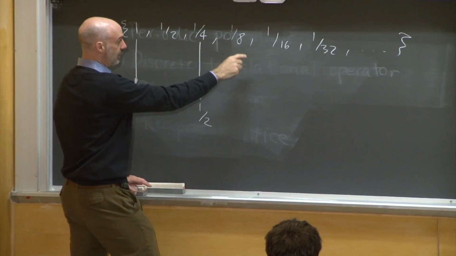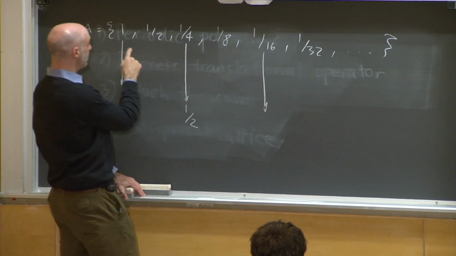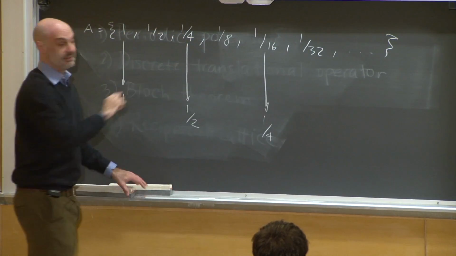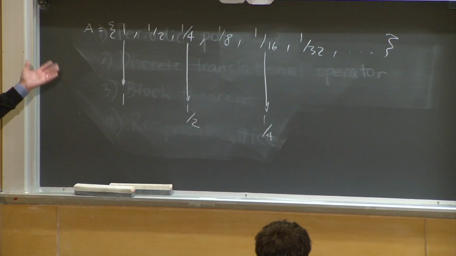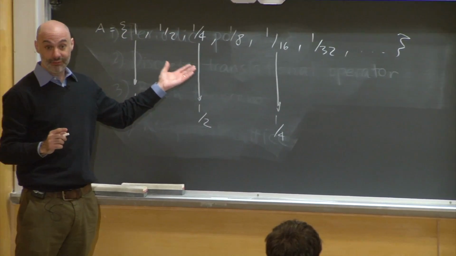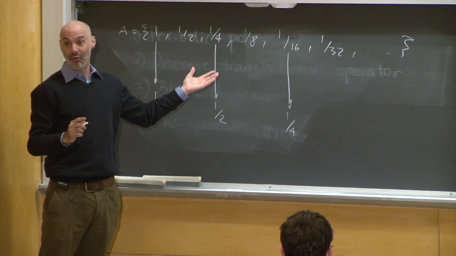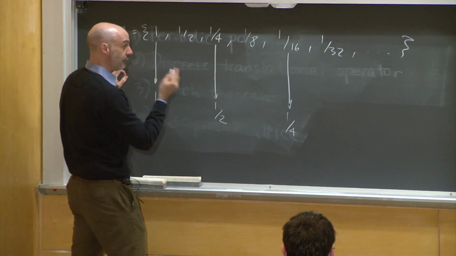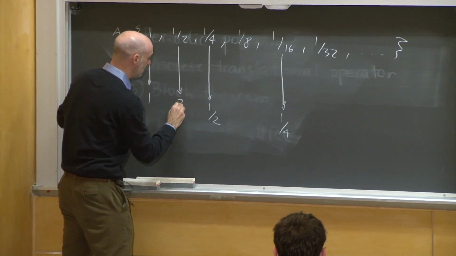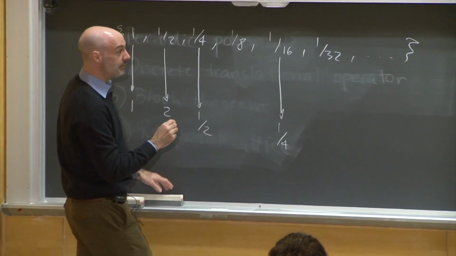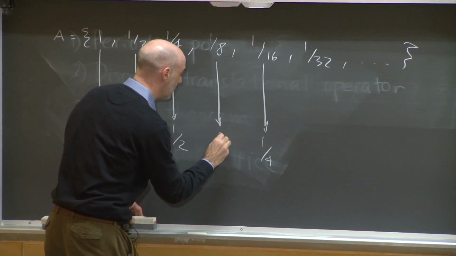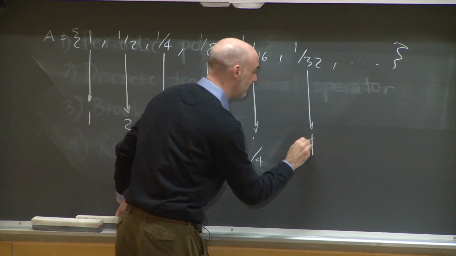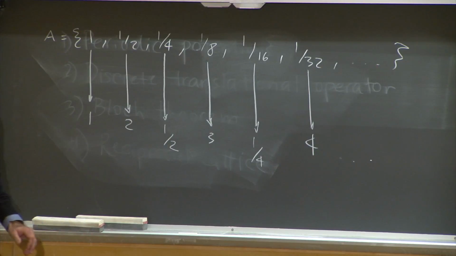And then we're going to skip that one. And then 1/16 to the third element of A, which is 1/4, and so forth. And then that means that we still have infinitely many things left over, which are freed up to use for B. So we're going to use this guy for the first element of B, which is 2, and that guy for the second element of B, which is 3, and that guy to the next element of B, which is 4, and so forth.